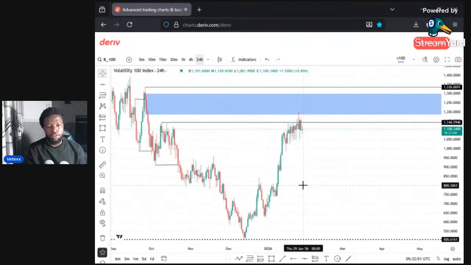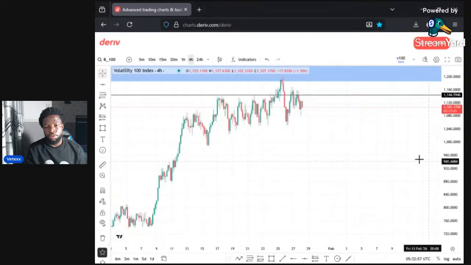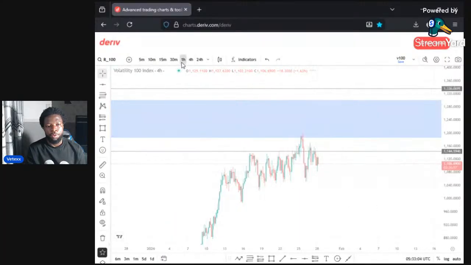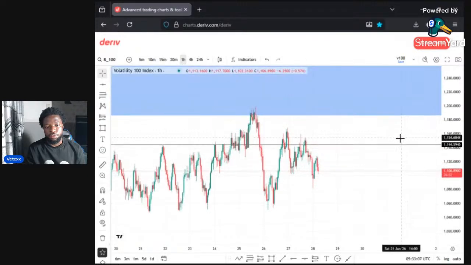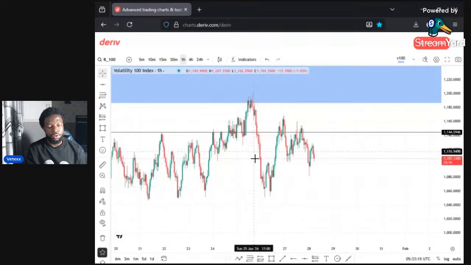Now let's go to the 4-hour time frame to see if we are going to see a sales continuation. If you spot the sales continuation on the 4-hour time frame, we'll then scale to the 15 minutes time frame before we can start executing, right? Currently you can see that we don't have anything on V100 at the moment, but it has started selling on the daily time frame.